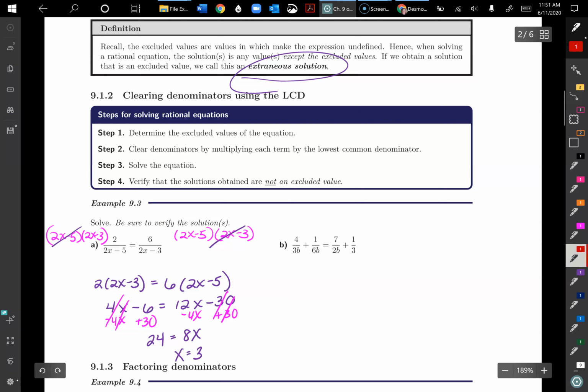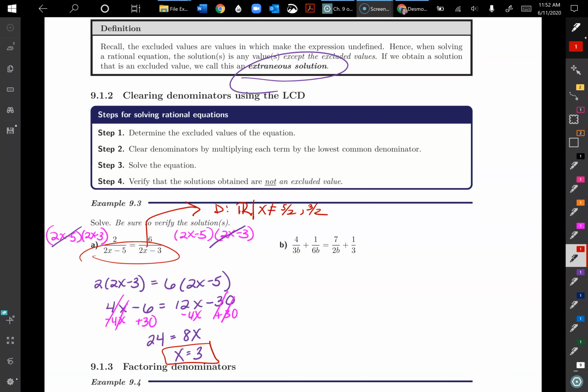Do that up here. So if I look at what my domain should be, it can be all real numbers such that x is not equal to 5 over 2, comma, 3 halves. And I didn't get either of those numbers for my answer, so I'm good.